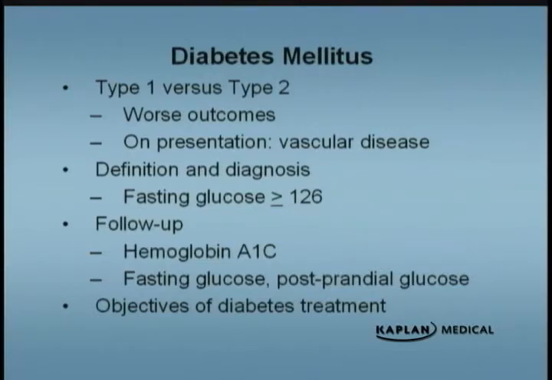Right? You don't metabolize your glucose well, and really there are two types of diabetes mellitus. Type 1, which occurs early in life.